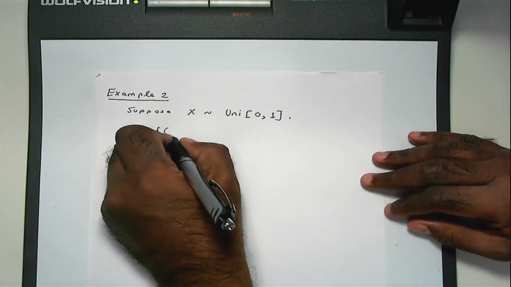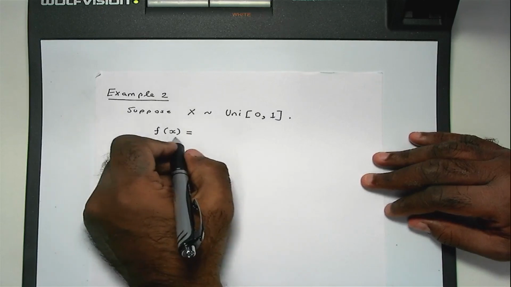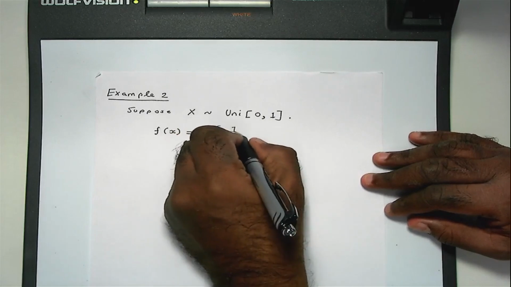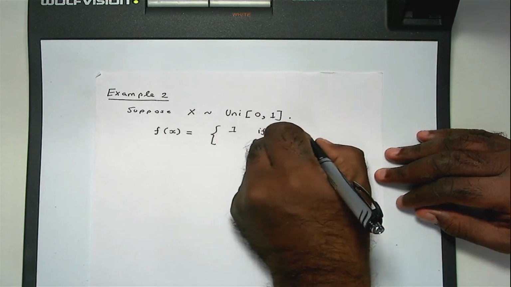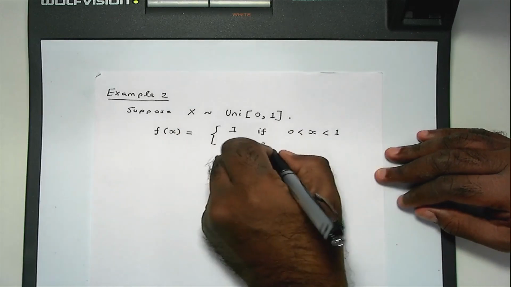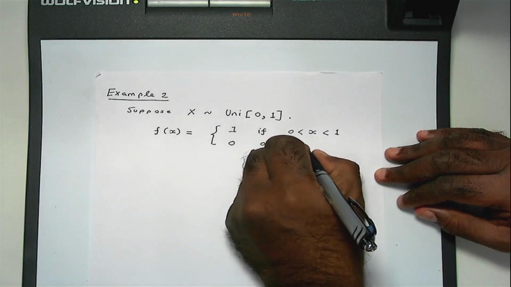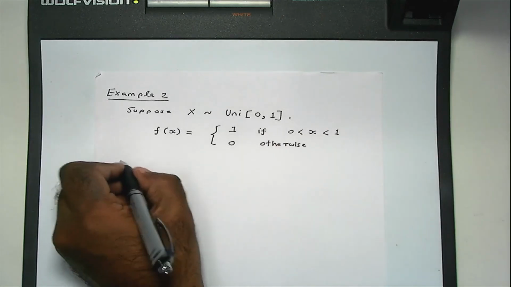The density for the uniform distribution is equal to 1 if x is between 0 and 1, and it's 0 otherwise. Okay. Alright, the first thing we want to find is the expectation of x.